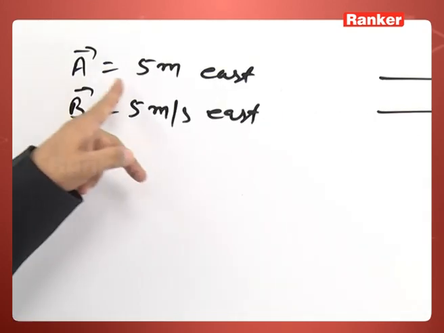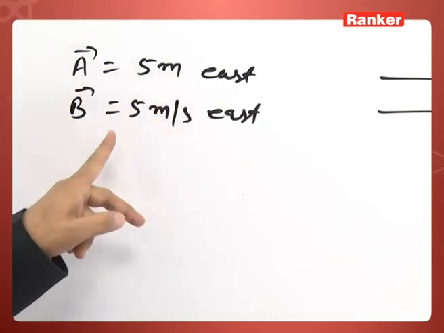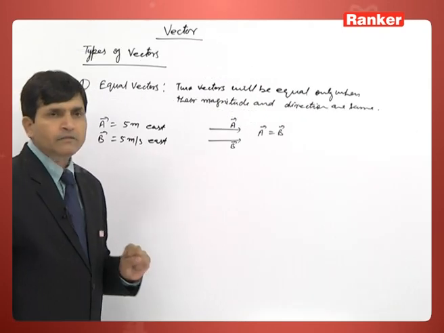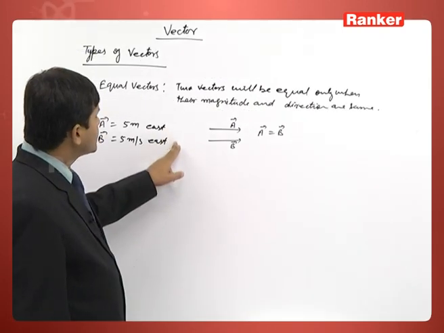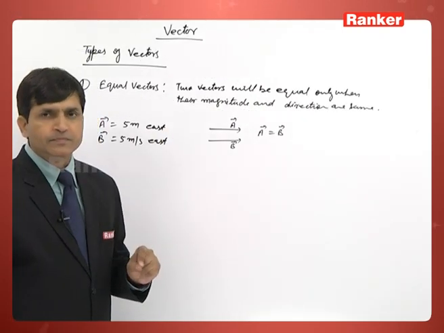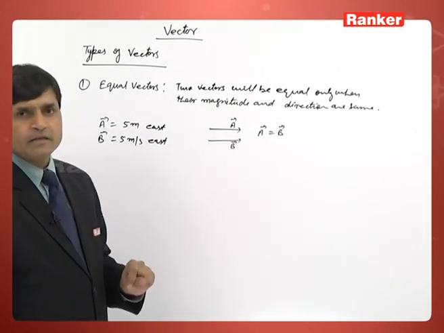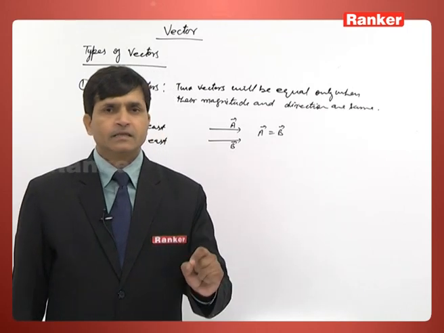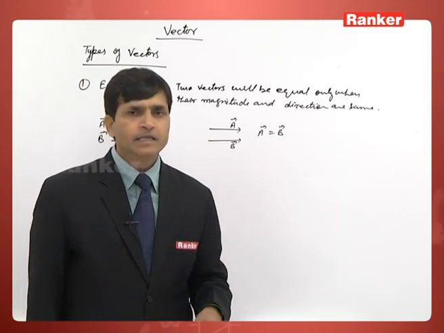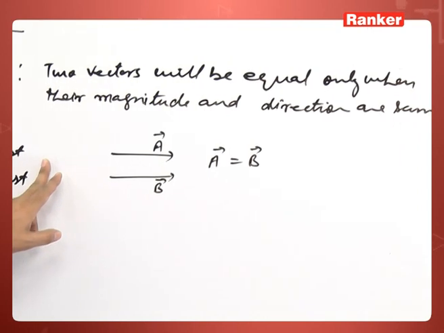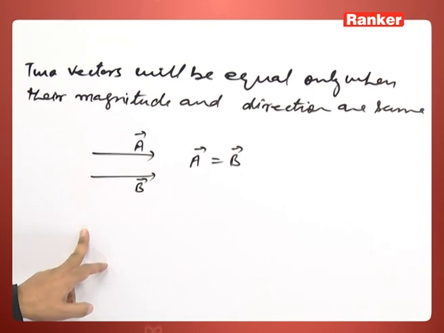It means vector A is displacement, while vector B is velocity. Although these two have the same magnitude and direction, their units are different. Different units mean they represent different physical quantities. If they represent different physical quantities, then they cannot be the same.